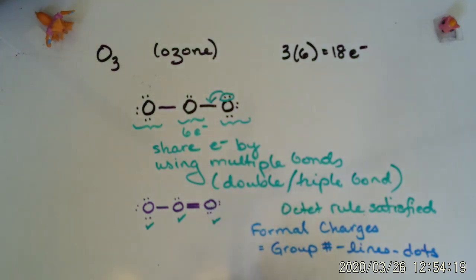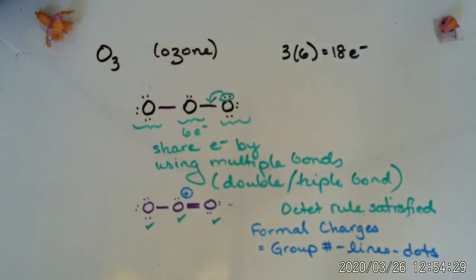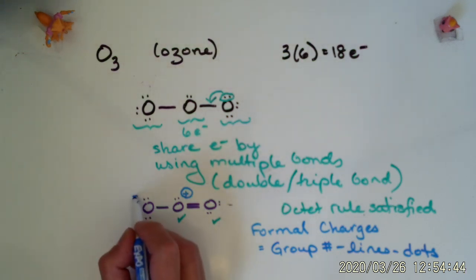So that's 0. So we don't write anything. This one, I have 6 minus 3 minus 2. So that's a plus on that oxygen. Okay, it's not an ion, it's a formal charge. It's just to keep track of where all our electrons are being distributed. This one is 6 minus 1, 2, 3, 4, 5, 6, 7, which means this is a minus.